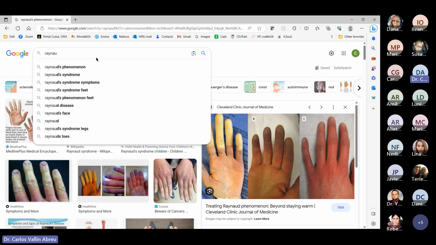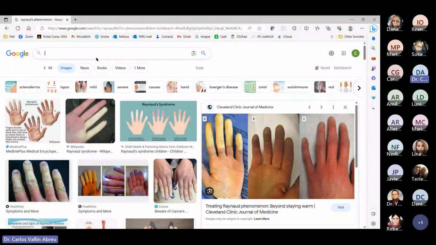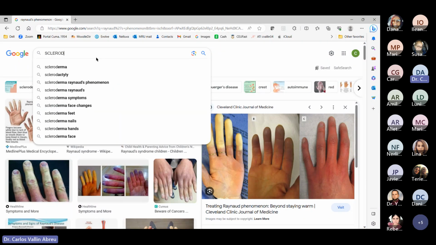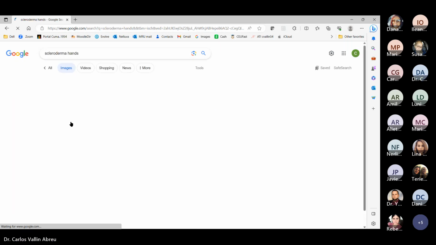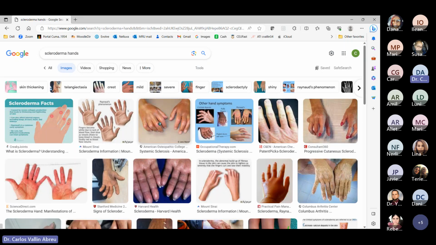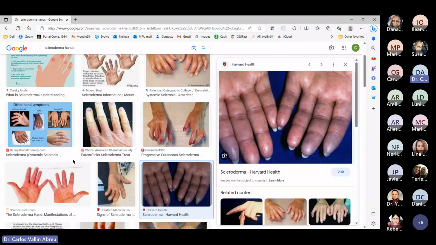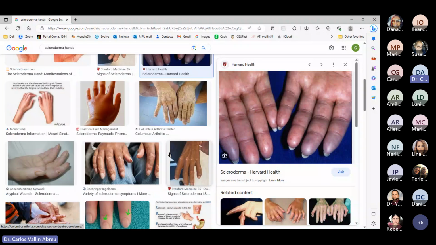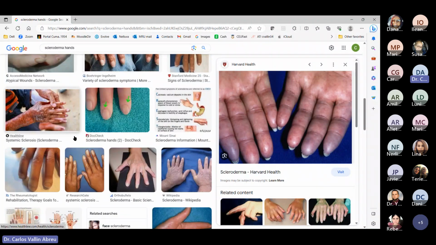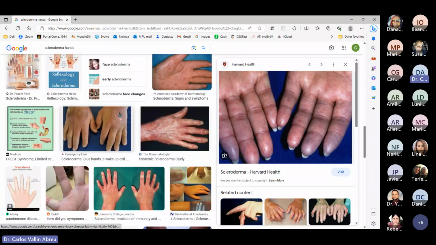One of the diseases in which the Raynaud phenomenon can occur is scleroderma. Then in scleroderma, apart from the Raynaud phenomenon, with the passing of time, you can have necrosis of the tip.